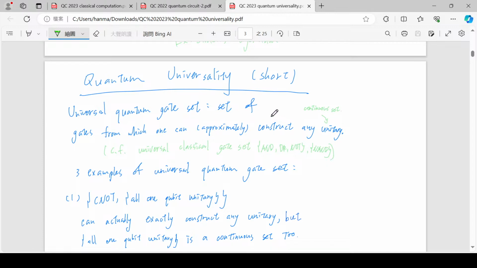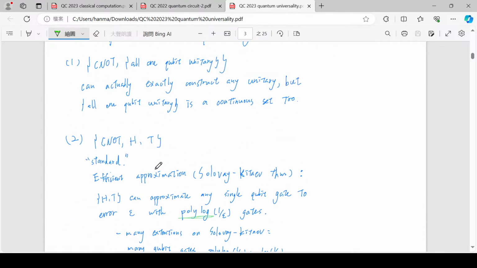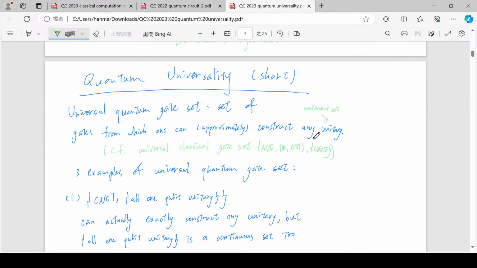Because say if we have a universal gate set that only has 3 gates, then only a countably infinite number of gates can be constructed from it. But this continuous set of unitaries is uncountably infinite. So it's not possible that you get everything here. So you need some approximation.